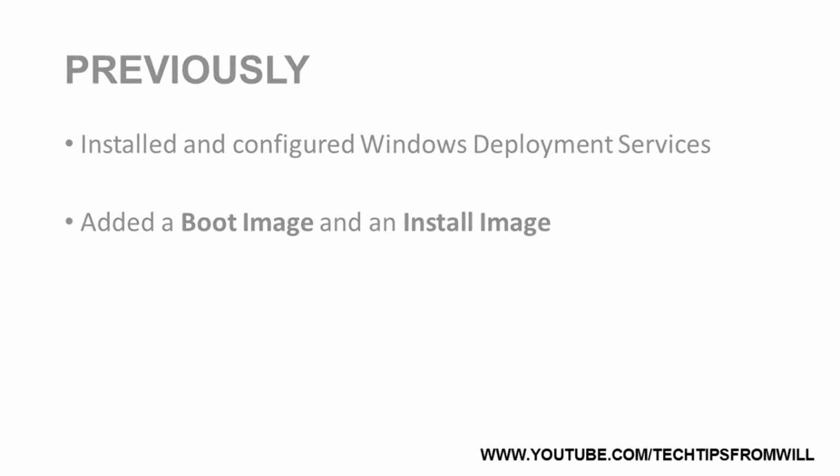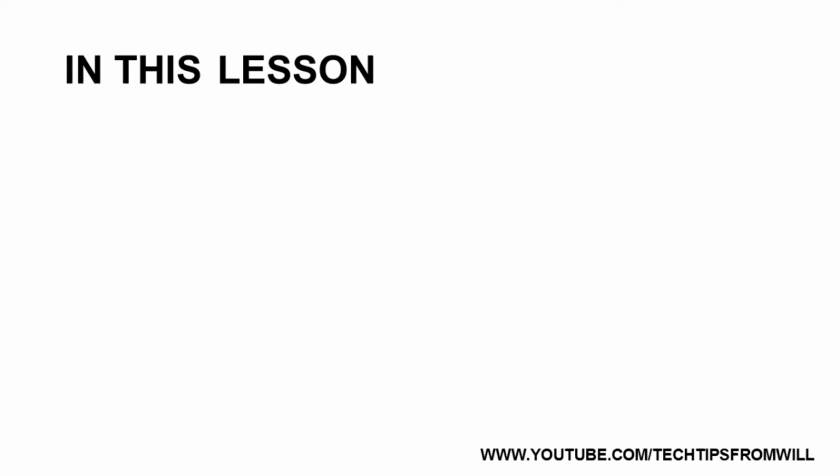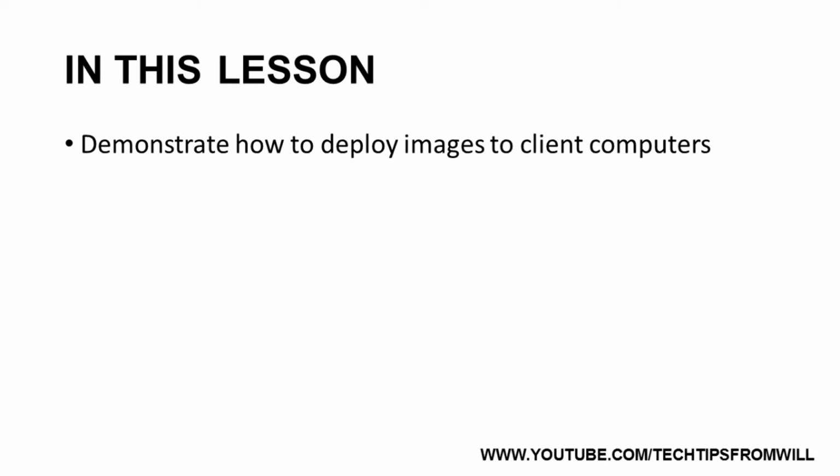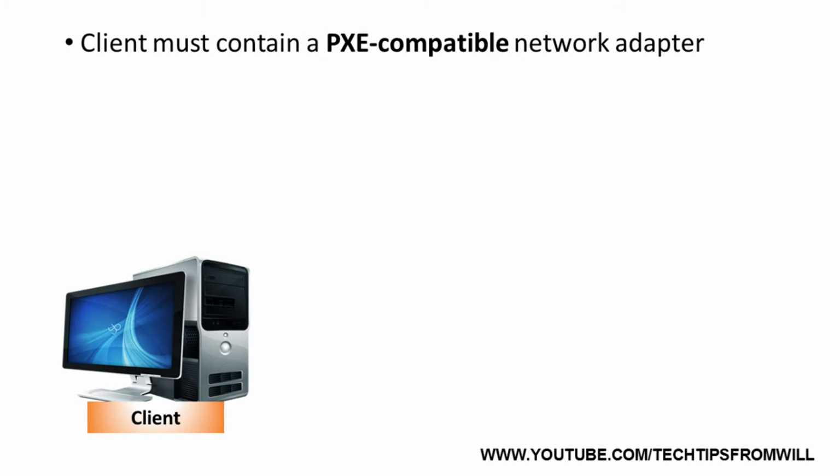Now that we have added our images, in this lesson and the next lesson, I will demonstrate how these images can be deployed to client computers over the network. In order for a client computer to download and install an image, the client computer must contain a network interface card which is PXE compatible.